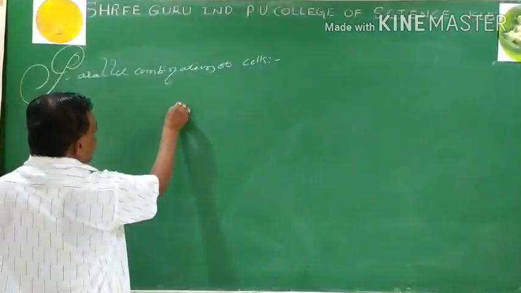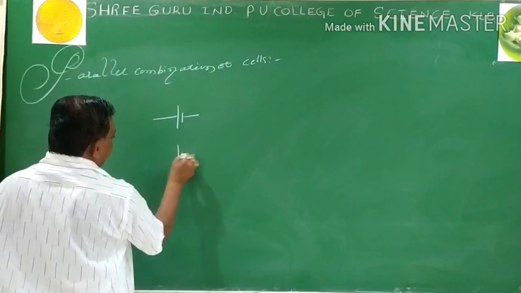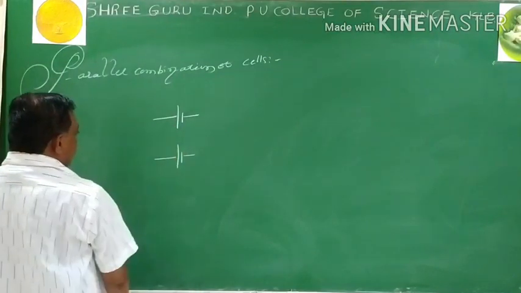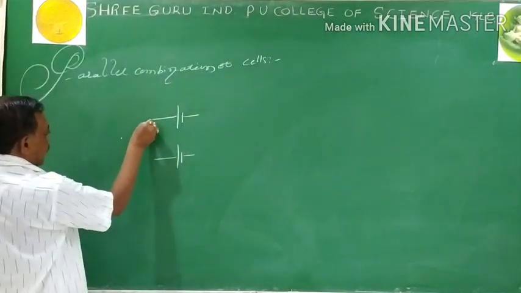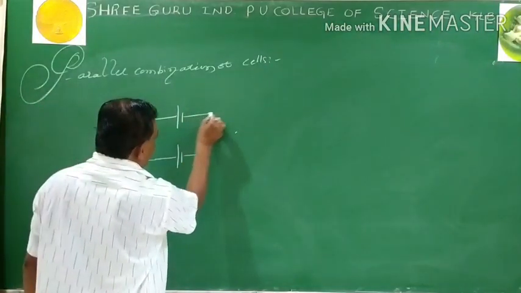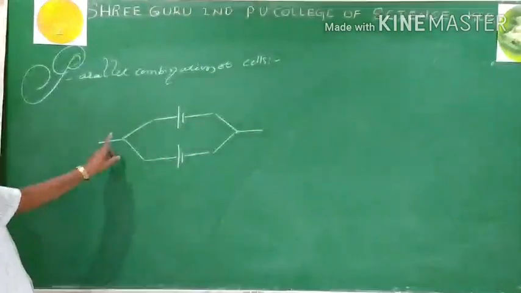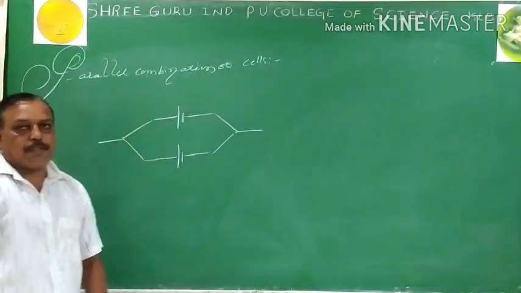Now this is one cell and this is another cell. All the positive terminals go to one component and all the negative terminals go to another component. This type of combination is called a parallel combination.